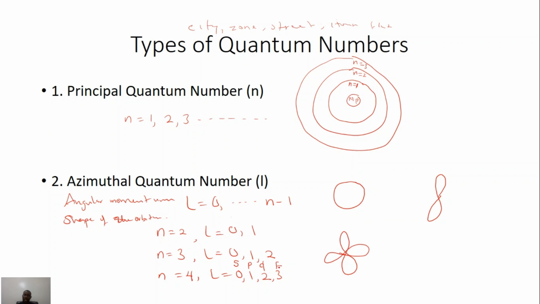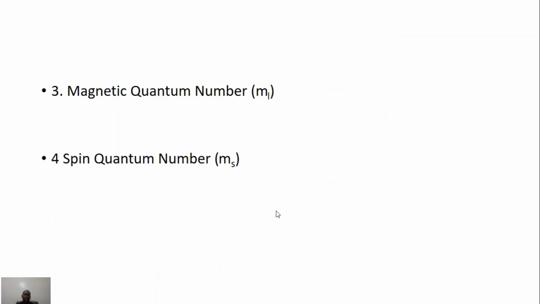While the f configuration is complex and may not be properly represented on a two-dimensional drawing, something like this. So they have their specific shapes. This azimuthal quantum number is very important, and when we are talking about the periodic table, we will see more of its importance.